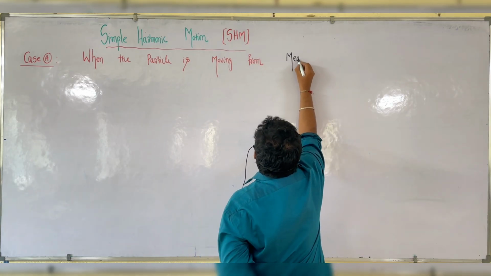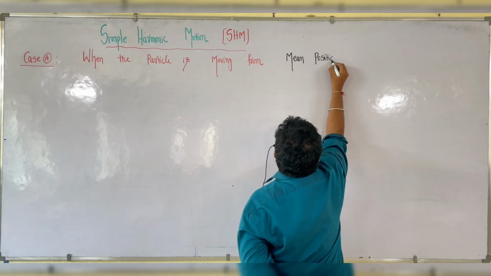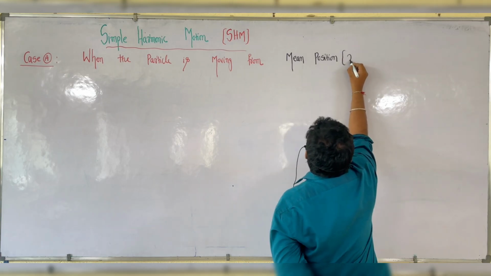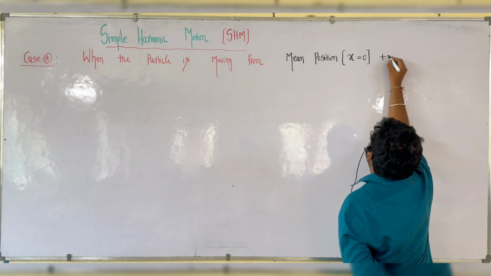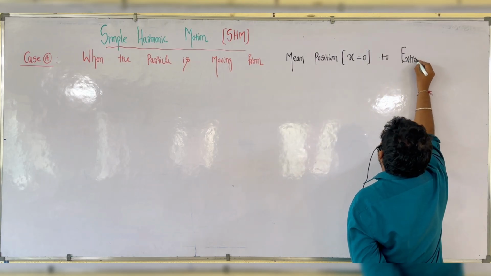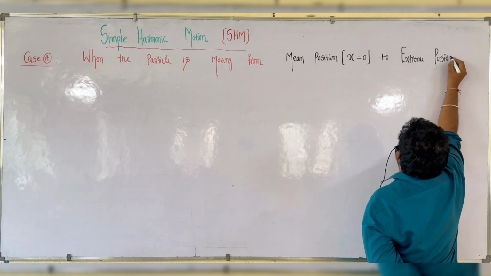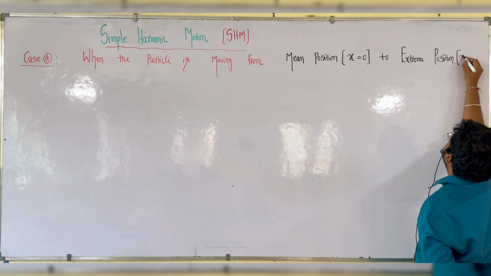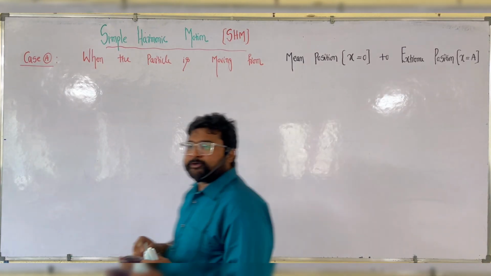At the mean position the displacement of the particle is 0, and at the extreme position x equals A. We have two extreme positions.